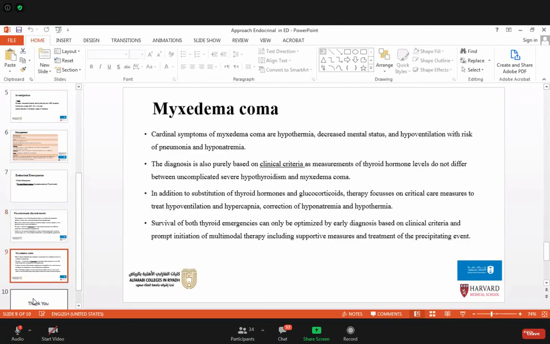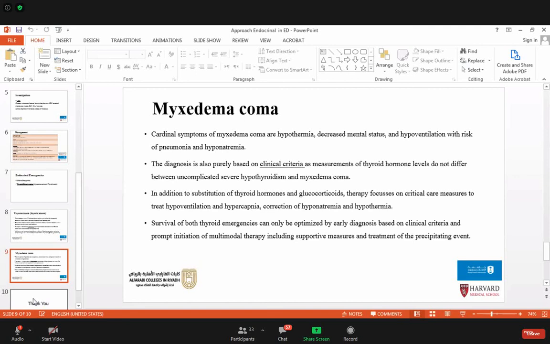So myxedema coma is the opposite, when you have very low, critically low thyroid hormone. The cornerstone of diagnosing this is to have myxedema, like pitting edema, and sometimes actually it's non-pitting. And you have altered status, same thing.